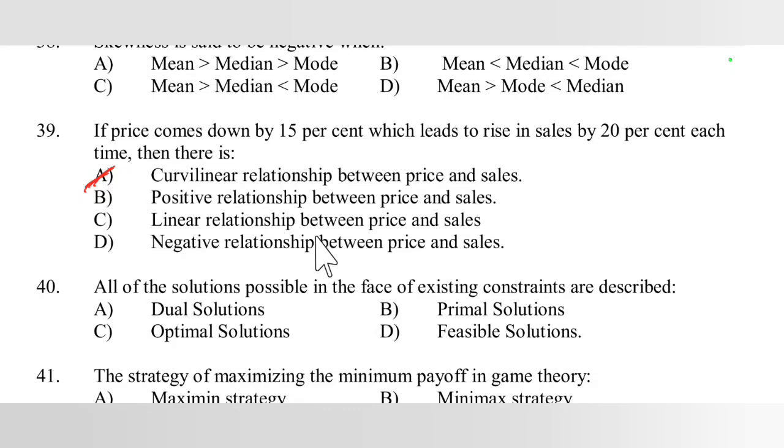So the given scenario indicates a more complex non-linear relationship, so these are incorrect. Then linear relation would imply a constant rate of change in sales for a given change in price, which doesn't fit with the described scenario where the percentage changes vary. So when the percentage changes vary, it is called a curvilinear relationship between price and sale.